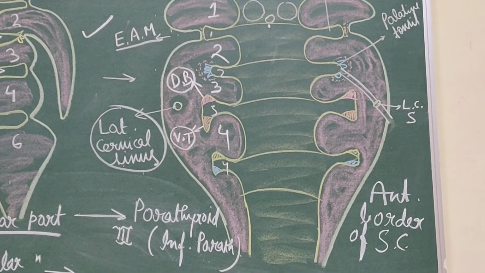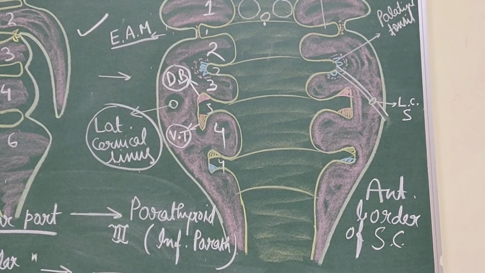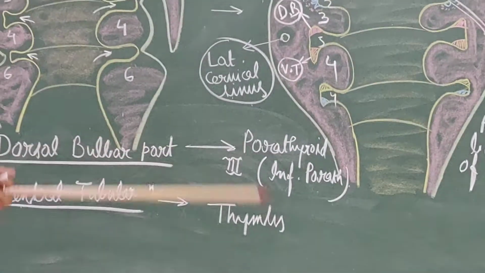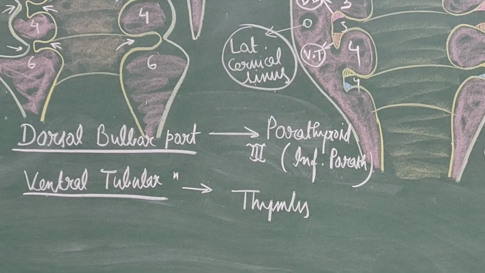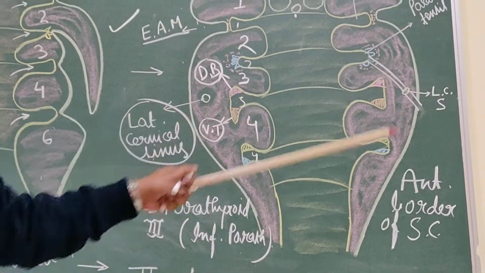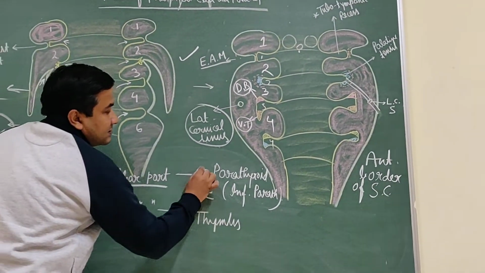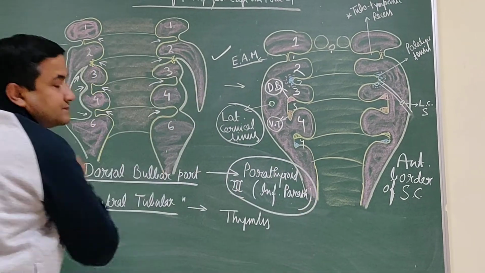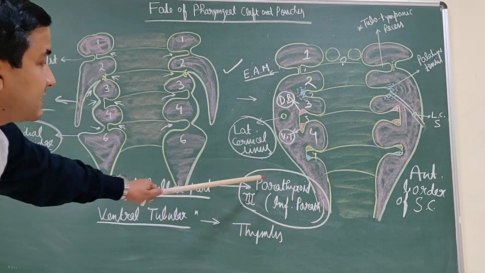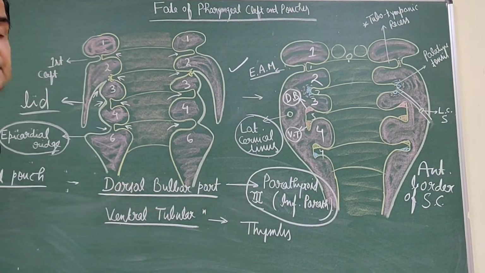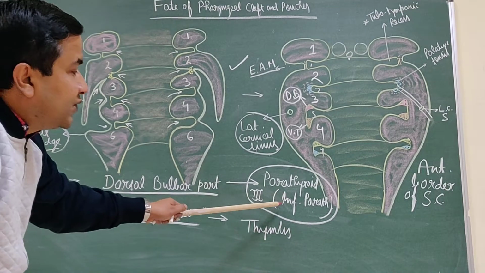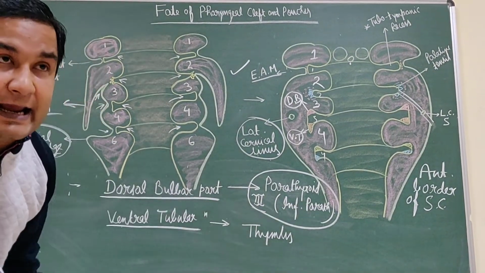Now, same like the tonsil, this dorsal bulbar part epithelium proliferates and invades into the surrounding mesenchyme, and they form the parathyroid gland. That is known as the parathyroid third, or the inferior parathyroid gland.